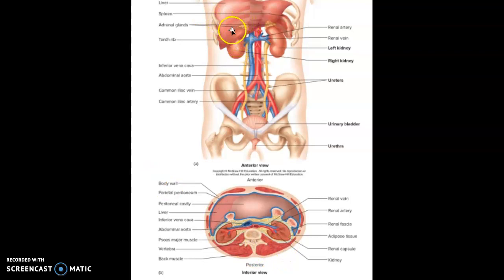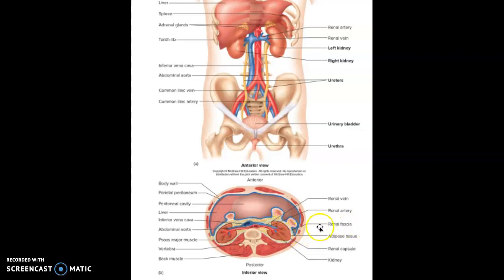The right kidney is slightly lower than the left because of the liver. The liver is pushing down the right kidney. They have adipose tissue surrounding them, protecting the kidneys as a cushion. They have as well some connective tissue fixing the kidneys to the abdominal cavity.